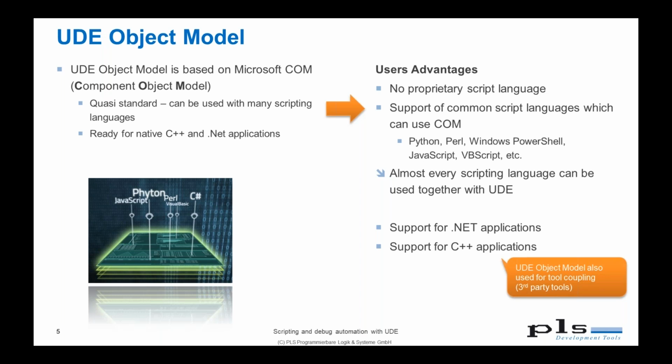That means if you like, you can write your own application that communicates with UDE, in C# or C++ for example. This approach is also used by third-party tool vendors for tool coupling or, for example, test tools.